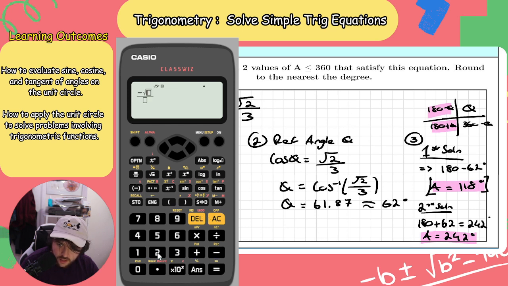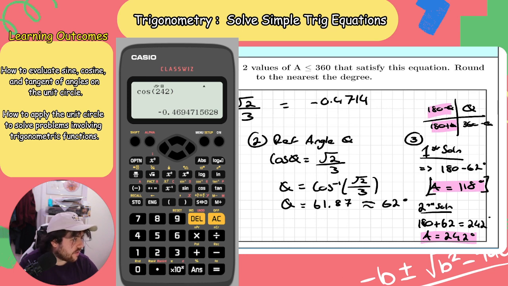That is going to be equal to minus 0.4714. So there, minus 0.469. Okay, close enough. Then I'm going to put in now 242 to check my answer. Minus 0.46947. Again, it is close enough to the actual value of minus root 2 over 3.